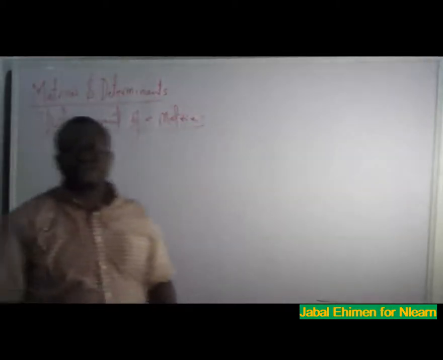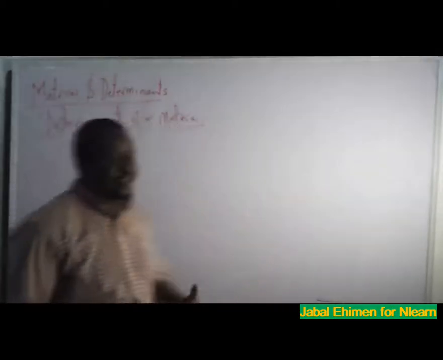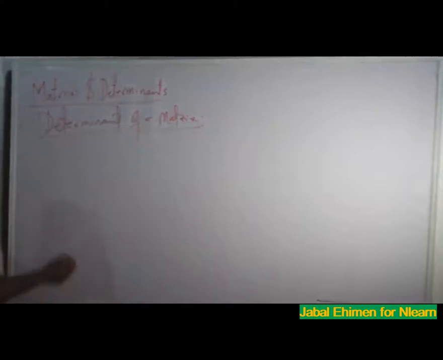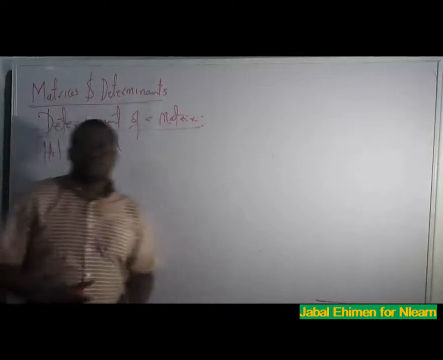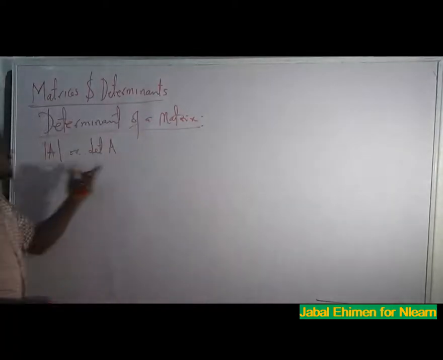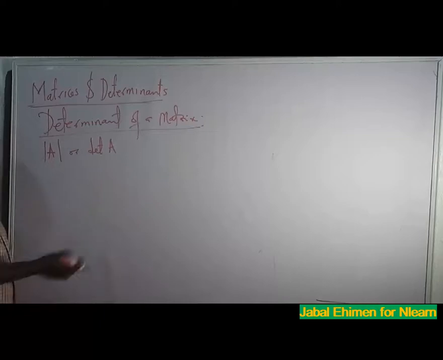Now for the determinant of a matrix, you observe that it can be represented. If I say the determinant of A, I'll represent it as |A|, or it can be represented as det A. It depends on whether it's this or det A. But what's the determinant?